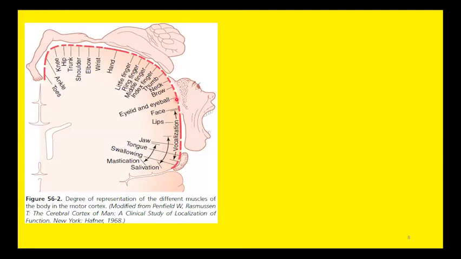As we go medially, then comes the control of limb movements, especially the distal part of the upper limb, the hands and the fingers. If we go more medially, then comes the lower limbs, including the legs and the toes. So this is the motor homunculus. Homunculus is the topographical representation of all the regions of the body over the surface of the cerebral cortex.